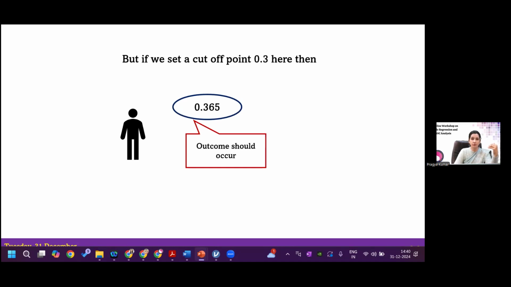At 0.5, the person with 0.665 we said will develop the disease, and the person with 0.335 we said no. But by changing the cutoff, both persons at one point were labeled as not having the disease, and at another point, when we decreased the cutoff, we said they will be having the disease.